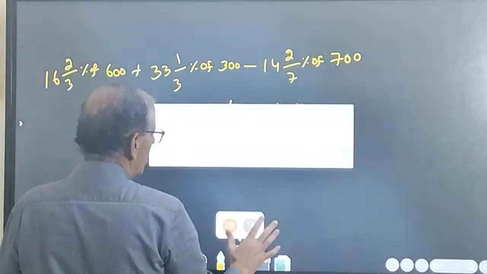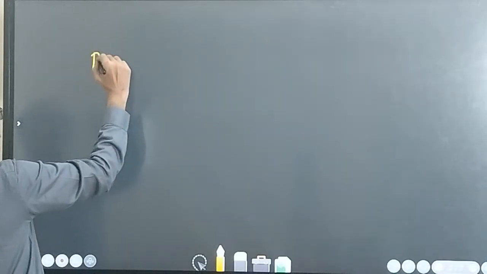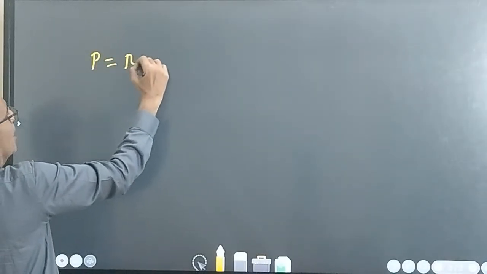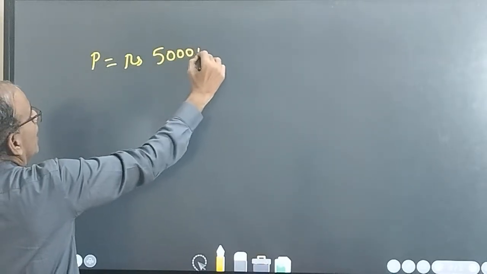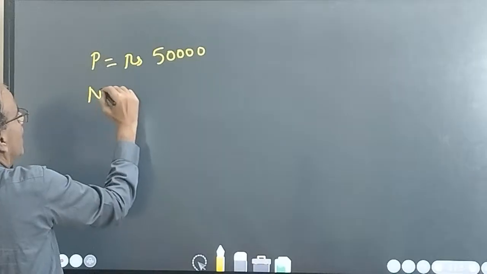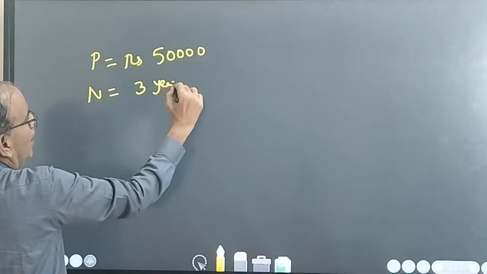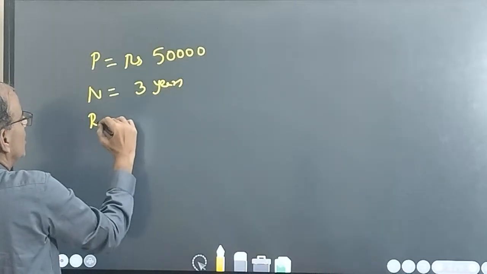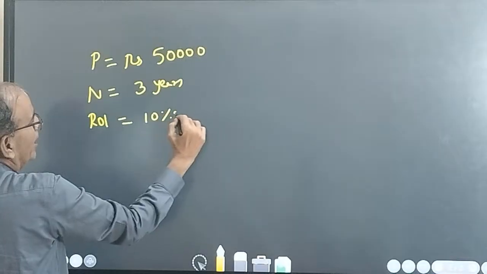Okay, now how I will apply in simple interest question. Suppose the principal is rupees 50,000, N is 3 years, rate of interest 10% per annum.